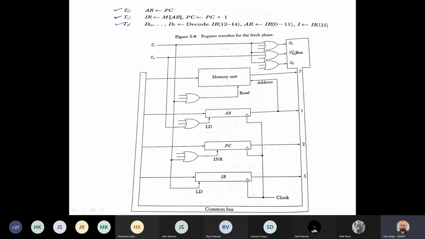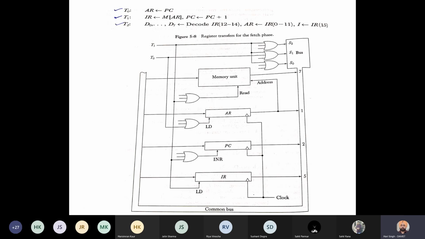This shows the design of the circuit required in the T0 and T1 states, which are common in all instructions, because the first step is fetching the opcode. So this diagram shows the common steps followed in fetching the instructions during T0 and T1.